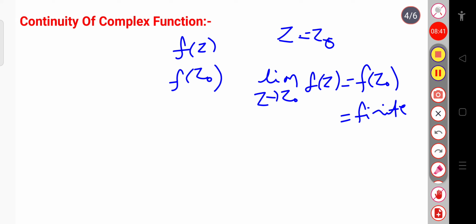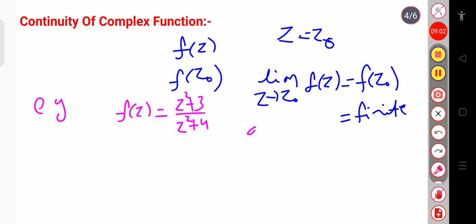Suppose for example we consider the function f of z equal to z square plus 3 divided by z square plus 4. We have to check whether the function is continuous at the point z equal to i. We can write the limit as z tends to i of z square plus 3 divided by z square plus 4.